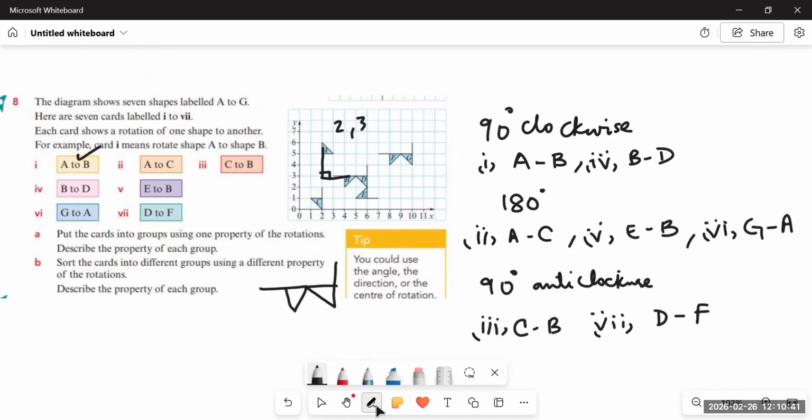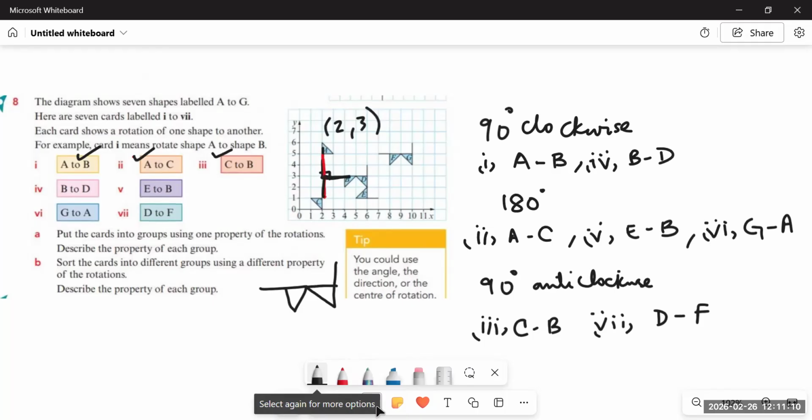And then for A to C it's also the same. And then for C to B, it is the same. For the first three, the center of rotation is 2,3.